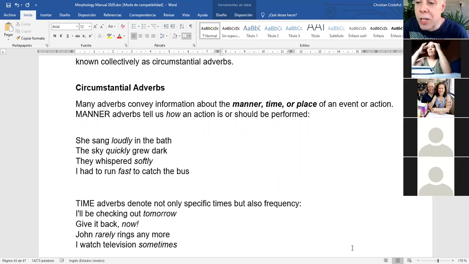The sky quickly grew dark. How was the action performed? Quickly. So every time you answer the question, how was this done? Then we're talking about an adverb of manner.